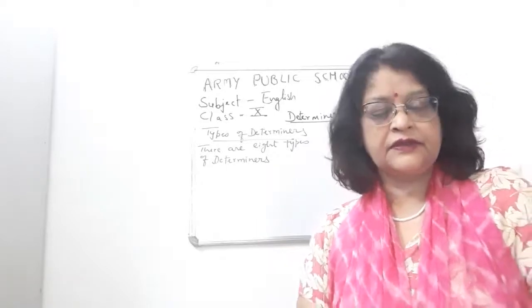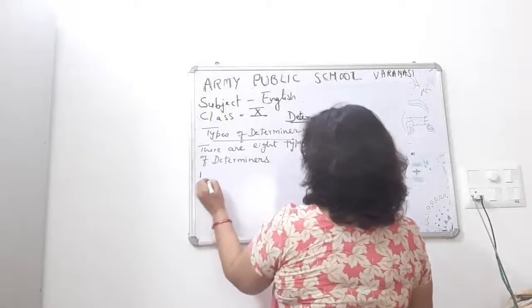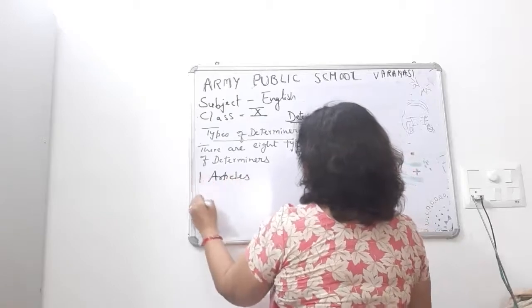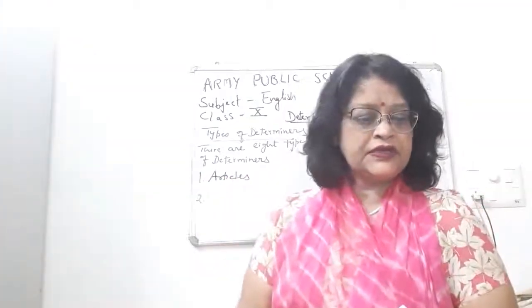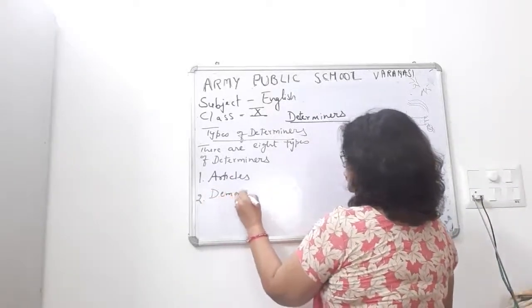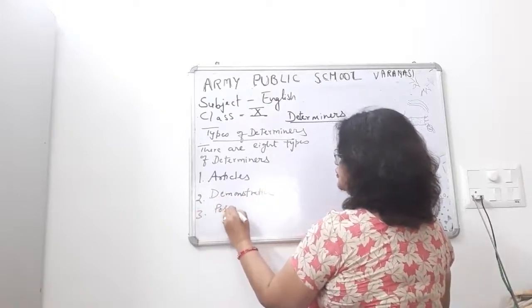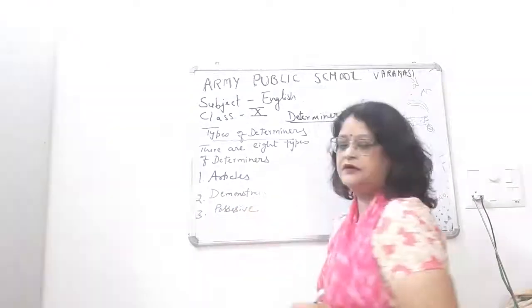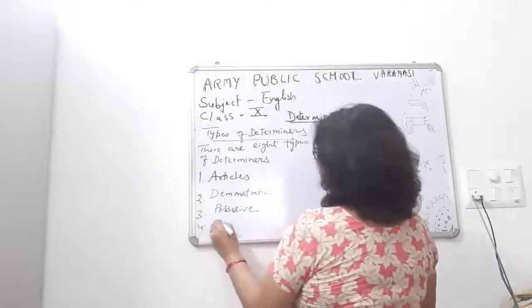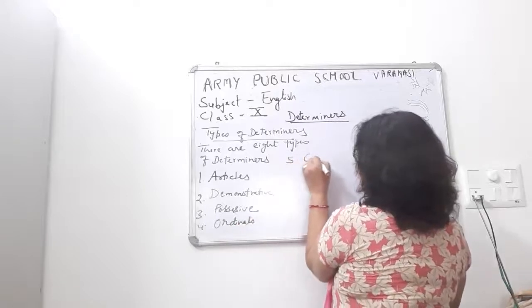First is article. Second is demonstrative. Third is possessive. Fourth is ordinals. Fifth is cardinals.